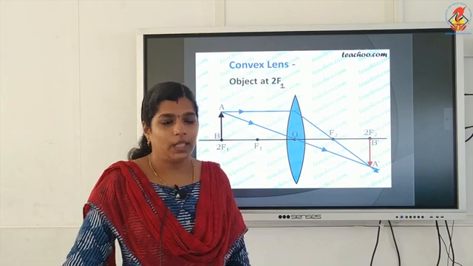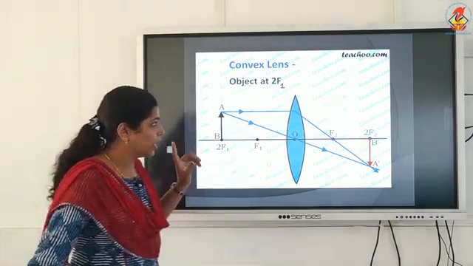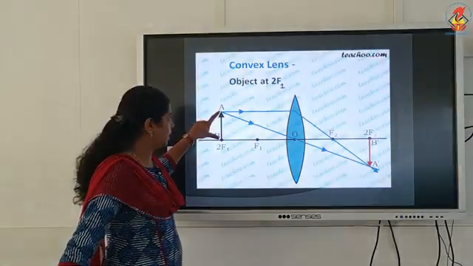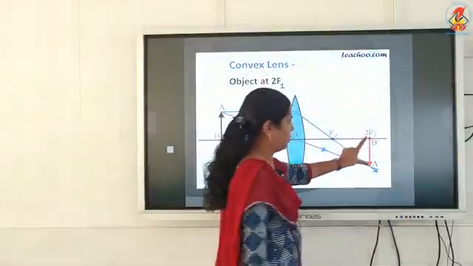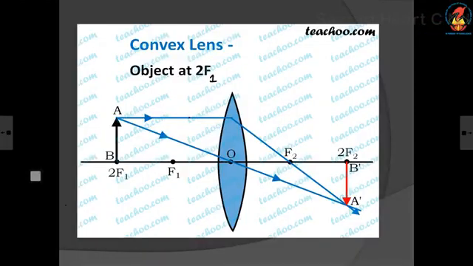And one more point, the size of the image is the same as that of the object. The height of the image and the height of the object are the same.